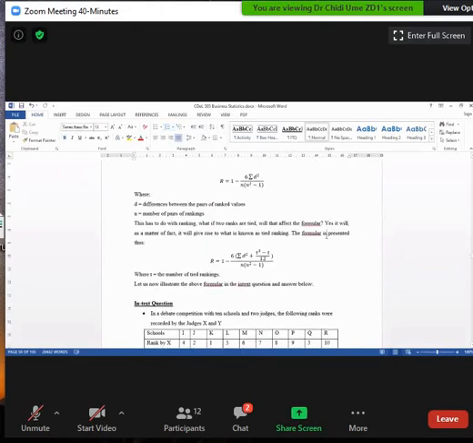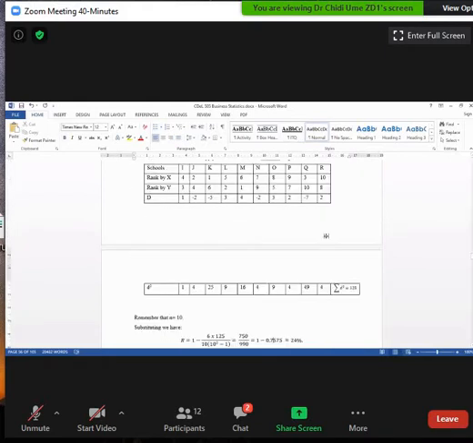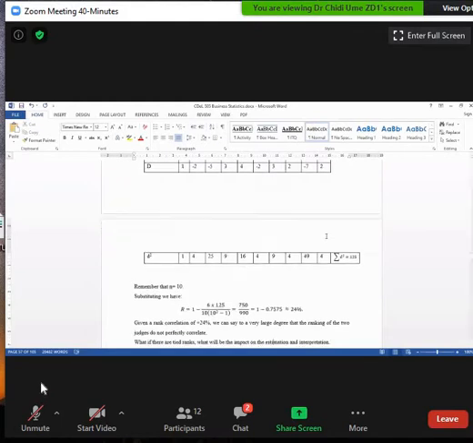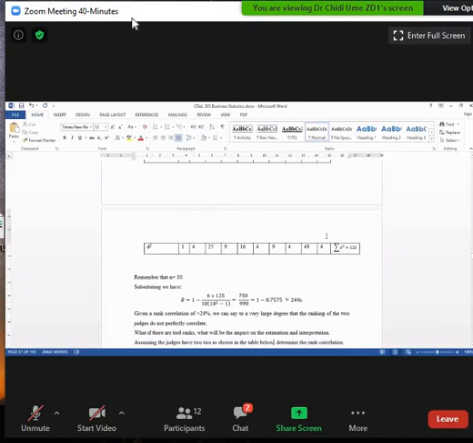The result is 24%. 24 means there's a large degree of disagreement. If you have like 80%, it means there's a strong degree of agreement.